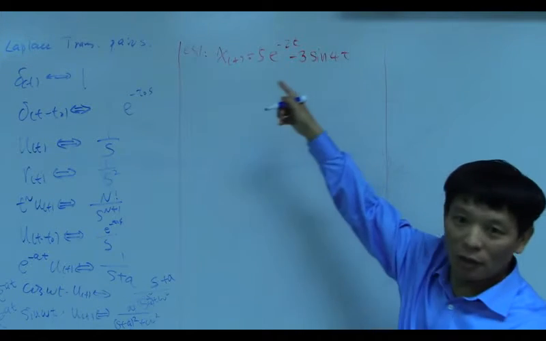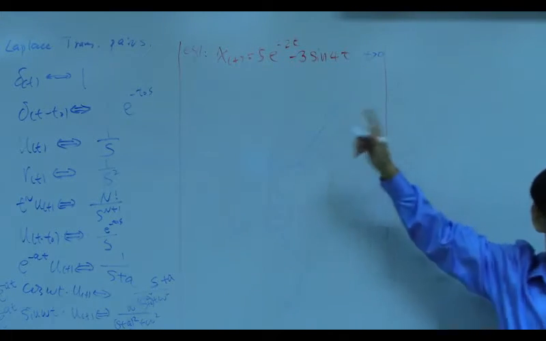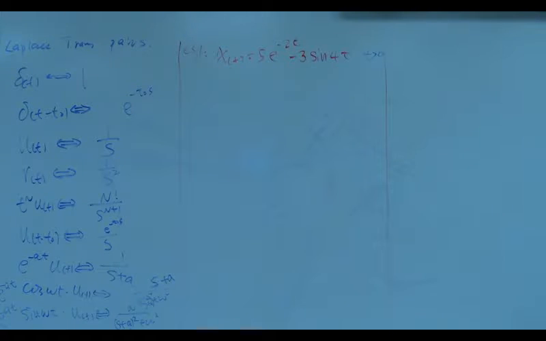And we have an assumption here, everything only for t greater than 0. That means we have a ut multiplied by this.